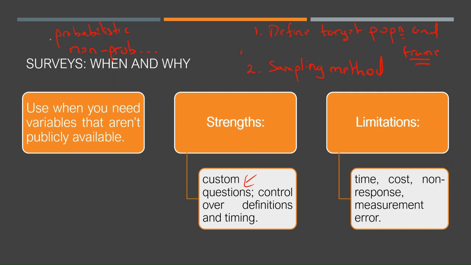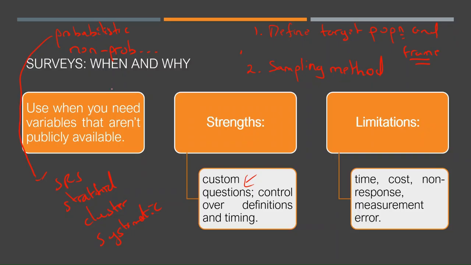When we refer to probabilistic sampling methods, you have different methods like the SRS. SRS means simple random sampling. You have stratified random sampling. You have also cluster sampling, which is part of the probabilistic methods. You have also something else that we call systematic random sampling.